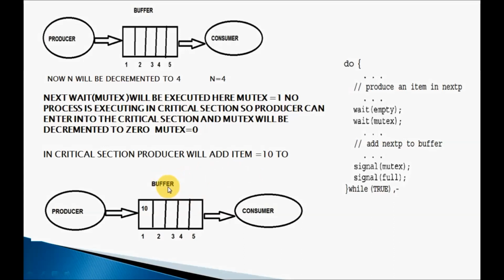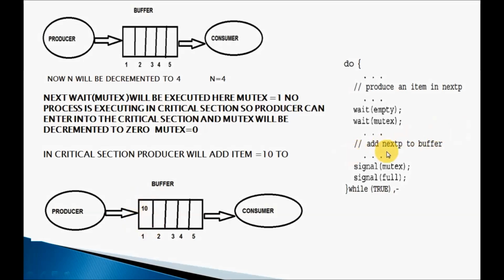First it produced, next it checked whether the buffer is empty or not, and whether the critical section is free or not. Then, after the critical section and a slot in the buffer are available, it added the item 10 into the buffer.